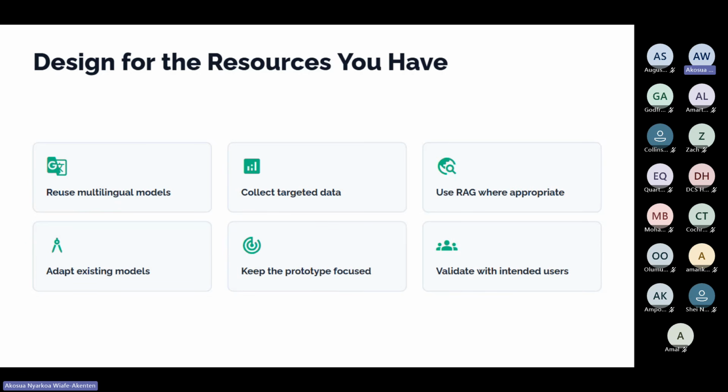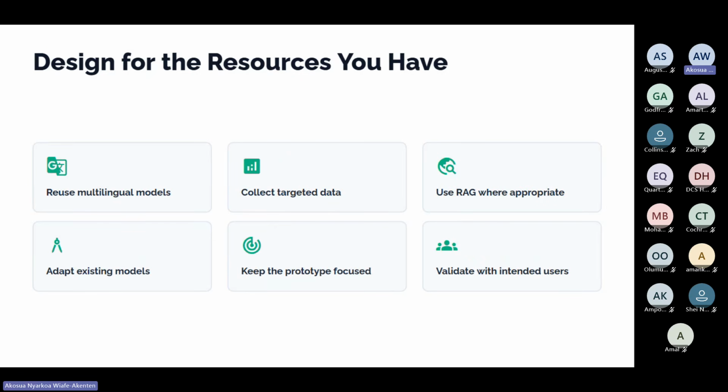Then we could also look at RAG. As I said, with RAG, you may consider that if you want to augment your language model with some external data so that the responses become more relevant to the domain you are speaking to.